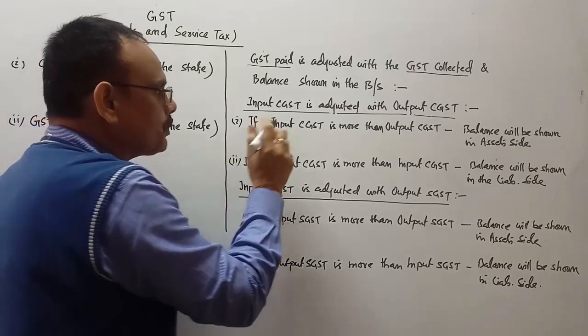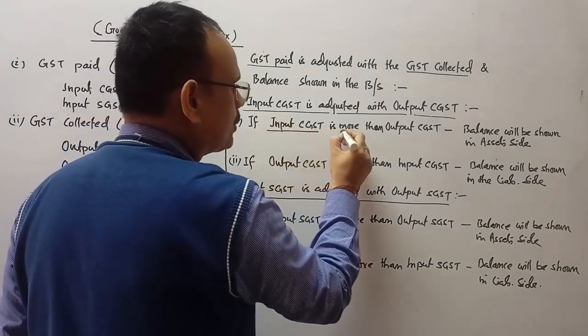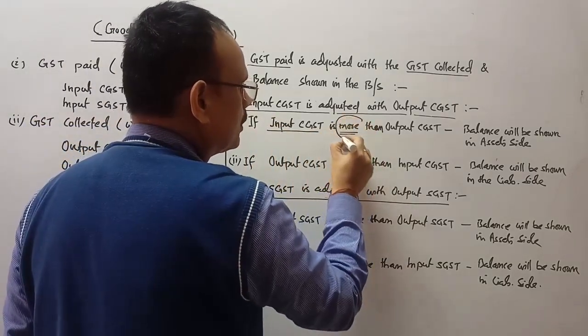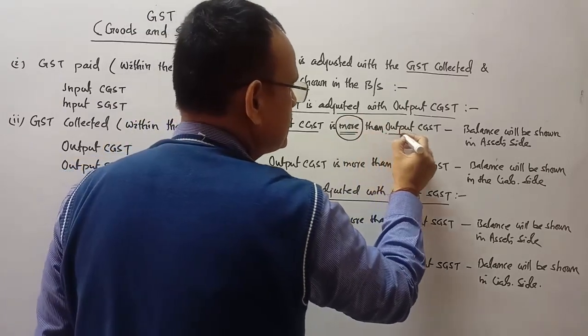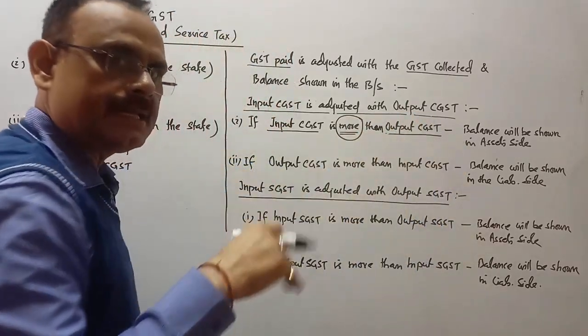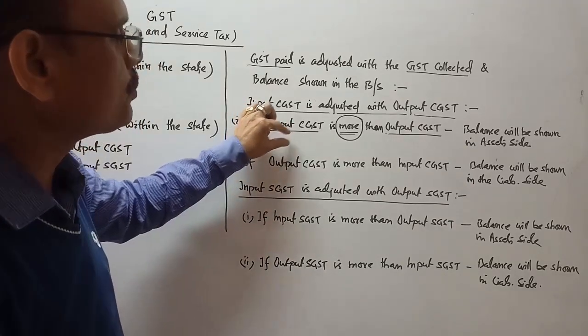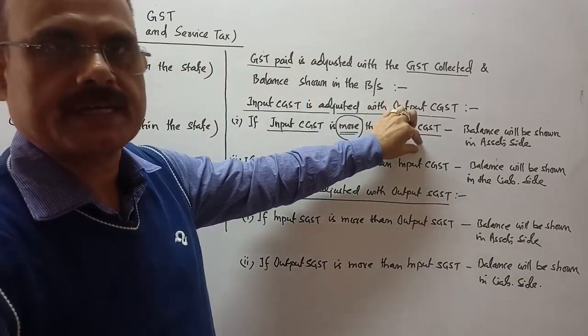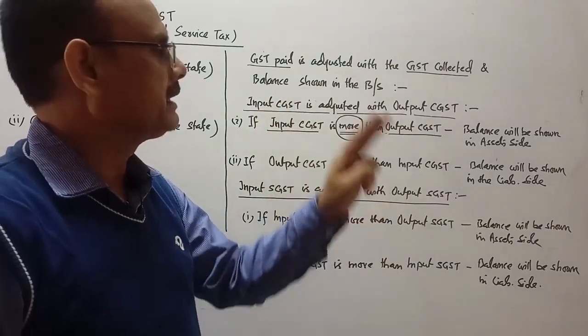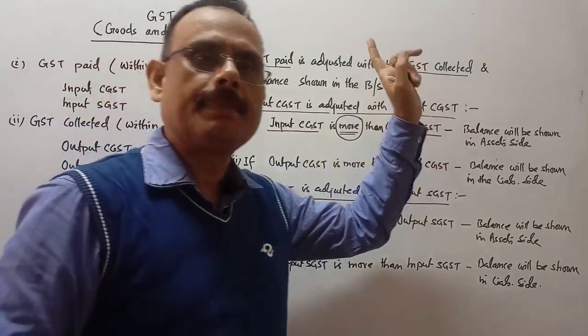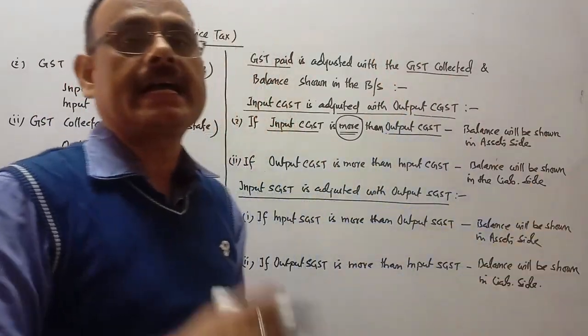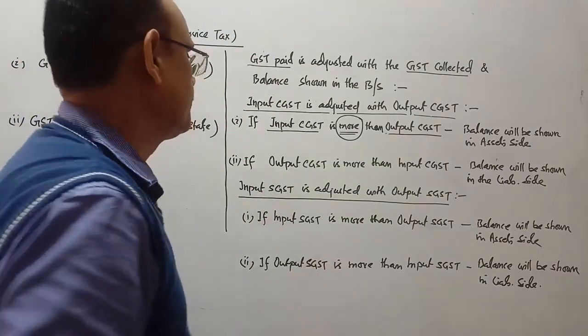So if input CGST is more than output CGST, suppose input CGST is 10,000 and output CGST is 8,000, the difference is 2,000. That difference will be indicated in the balance sheet asset side as prepaid CGST.